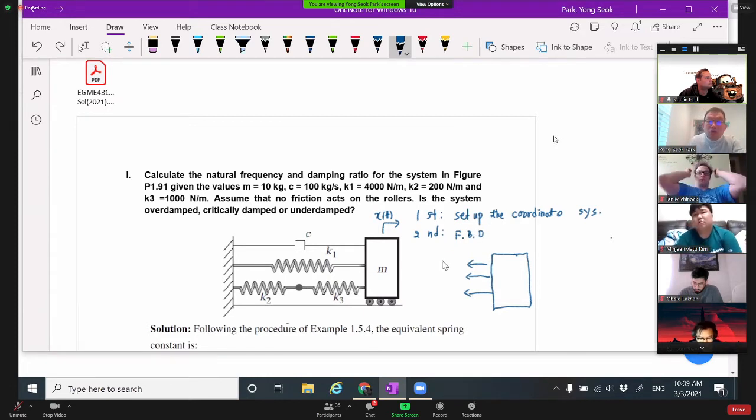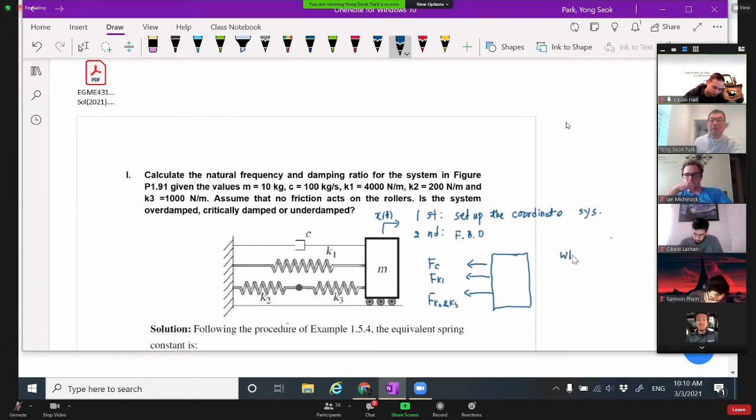Okay, so now what should I do? We need to put the forces in here, isn't it? Did you remember that? The force due to the damper here, force due to the K1, the force due to K2 and 3. All right.